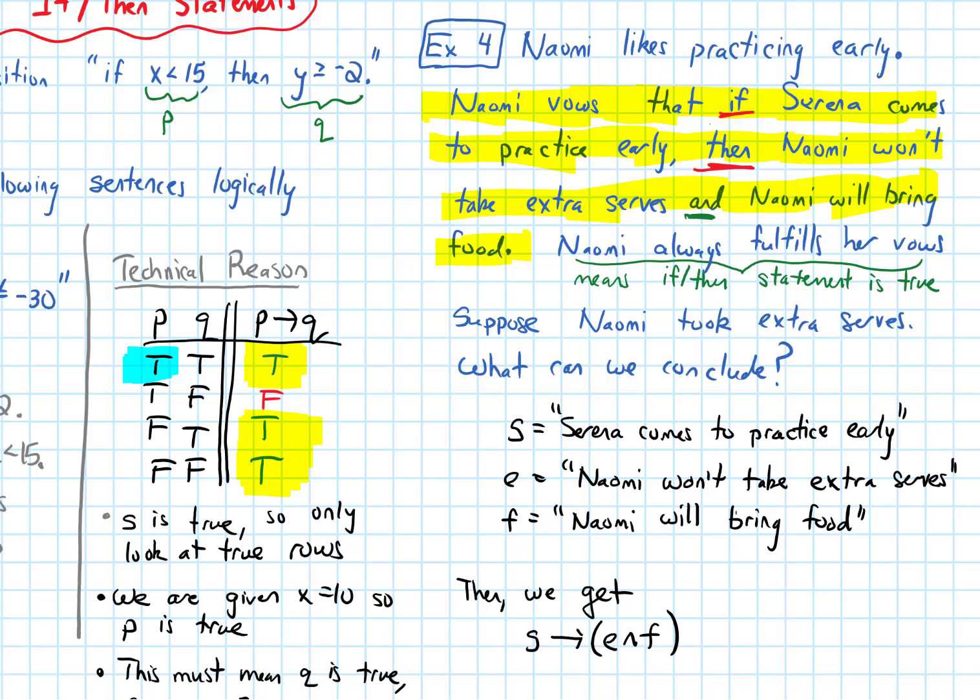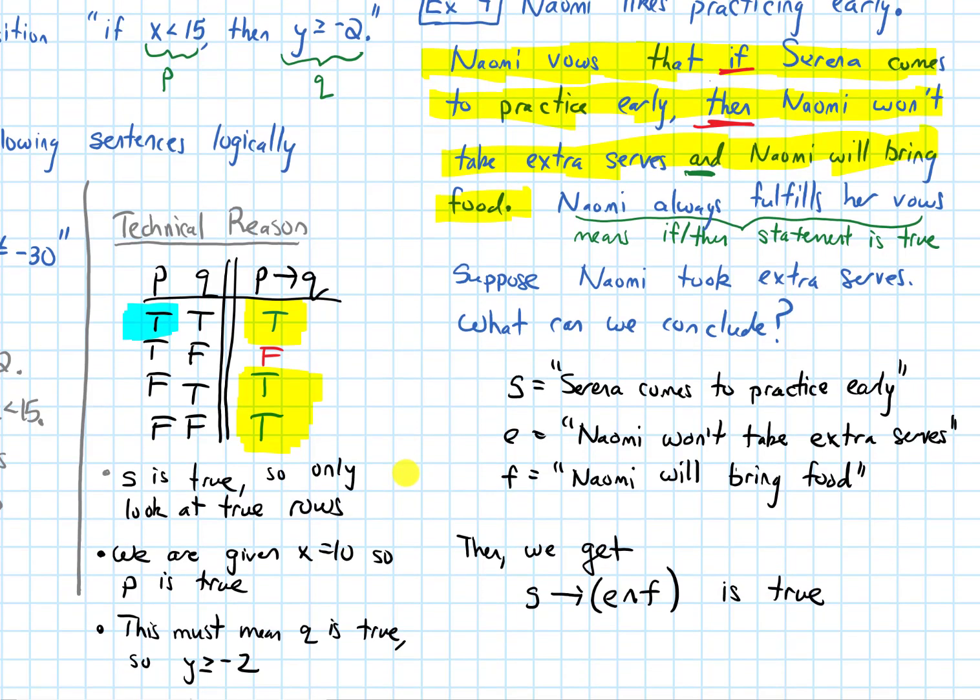One quick thing that I want to comment on is, if I had assigned E differently, and said E was Naomi will take extra serves, then in this implication, I would be writing S implies not E. I would write not E to indicate that Naomi won't take extra serves. But it's also fine if I label my sentence like this. I could definitely let E be Naomi won't take extra serves. So because Naomi always fulfills her vows, that means this implication statement is true.